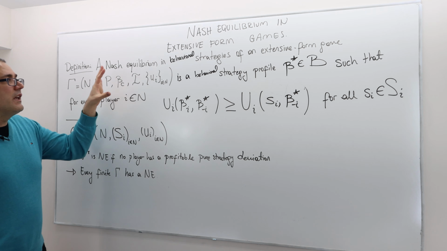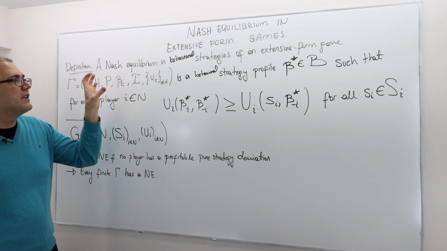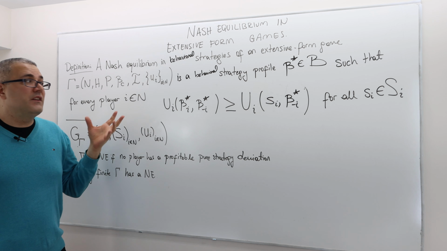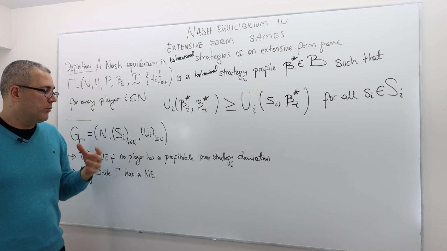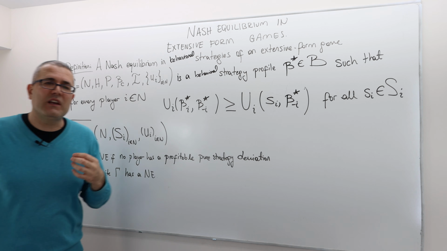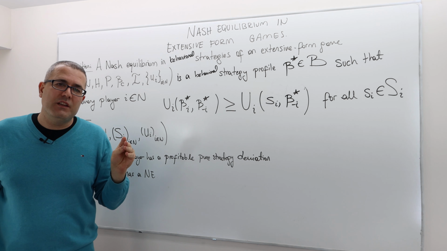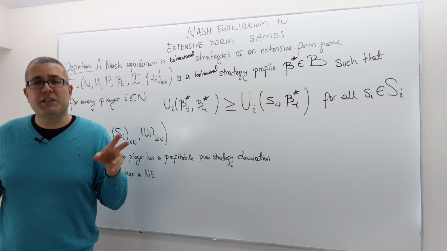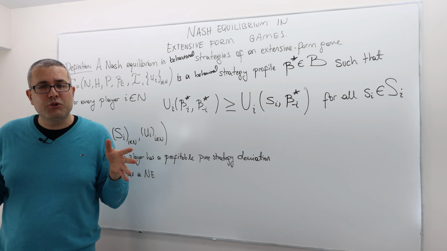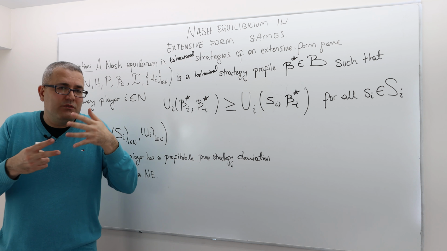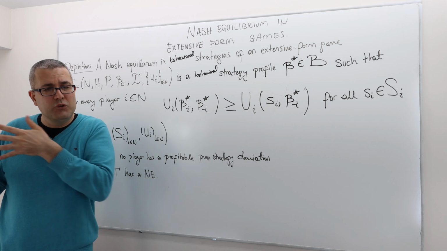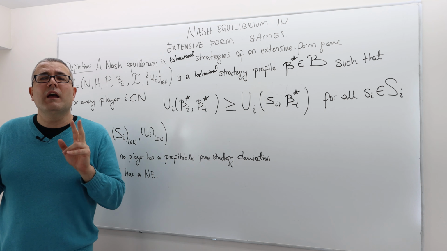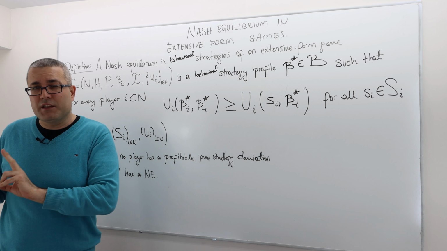Well, the thing is, is the Nash equilibrium in behavioral strategies equivalent to mixed strategy Nash equilibrium? Well, yes, exactly. Why? Because, as I said, for every mixed strategy there's an outcome equivalent behavioral strategy, and for every behavioral strategy there's an outcome equivalent mixed strategy. So if I have a Nash equilibrium in behavioral strategies, I can transform those strategies into mixed strategies and come up with an outcome equivalent Nash equilibrium in mixed strategies, or vice versa.